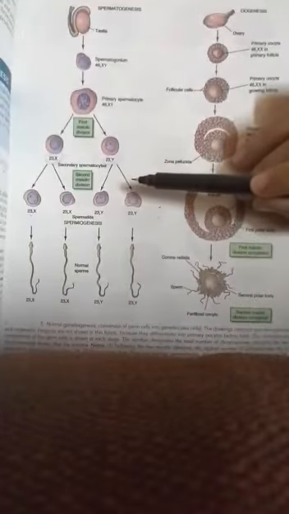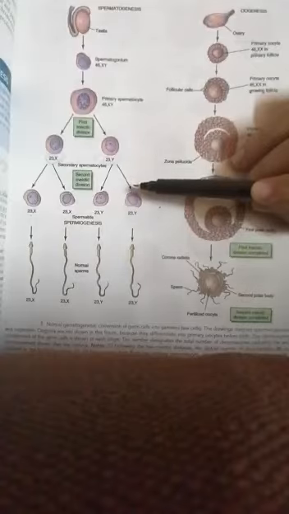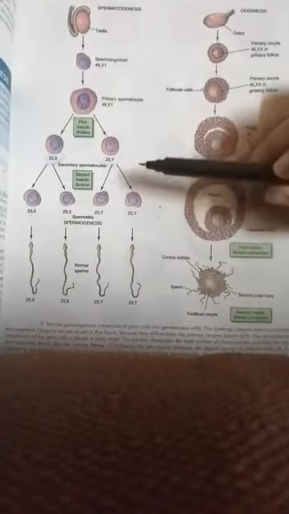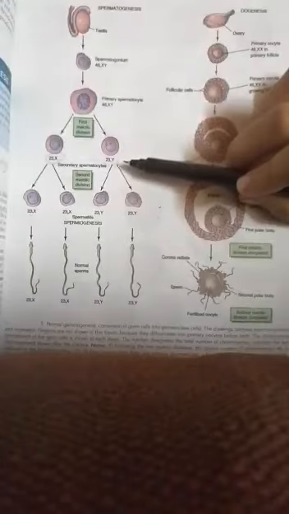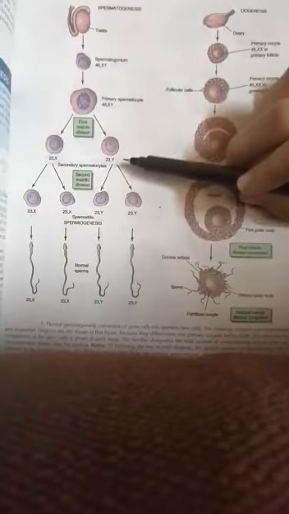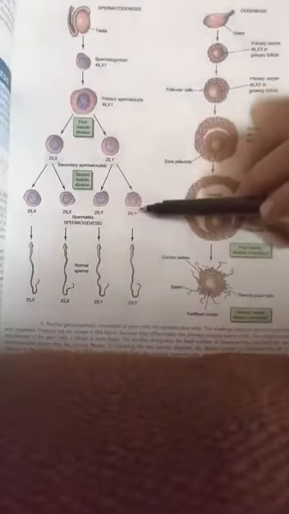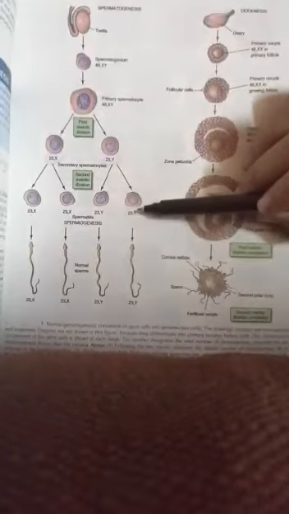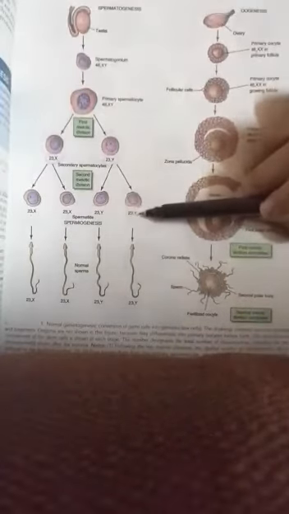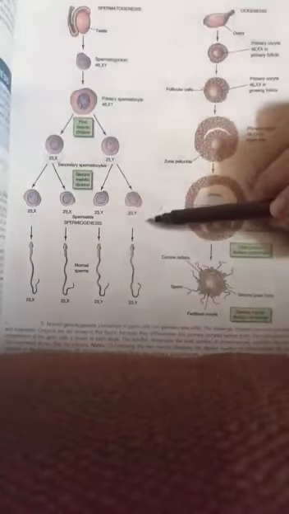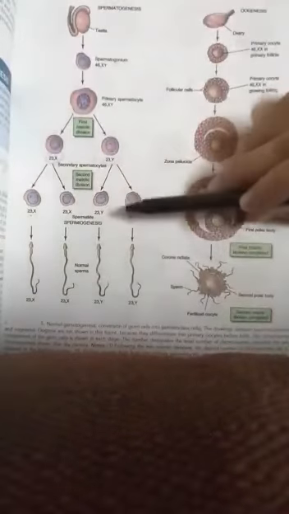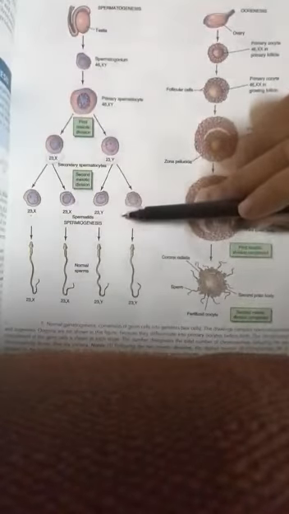So there is no division of the chromosome number, and the same number of chromosomes present in the secondary spermatocyte comes into the spermatids, which have 23 chromosomes, either an X or a Y component. These four products from the secondary spermatocyte are now called spermatids.